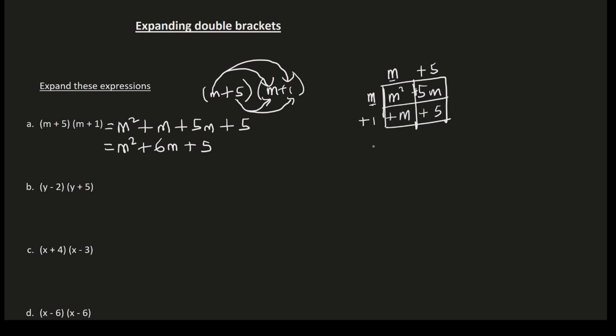So to write this out, we have m squared plus 5m plus 1m plus 5. And our final answer gives us m squared plus 6m plus 5. So if you notice, I have the same answer as this.